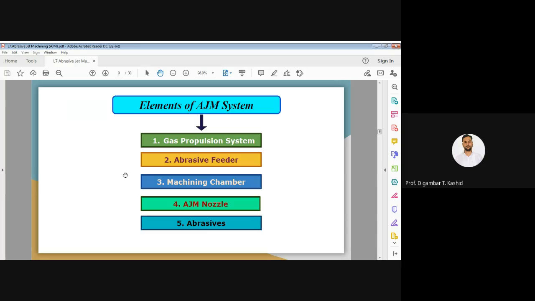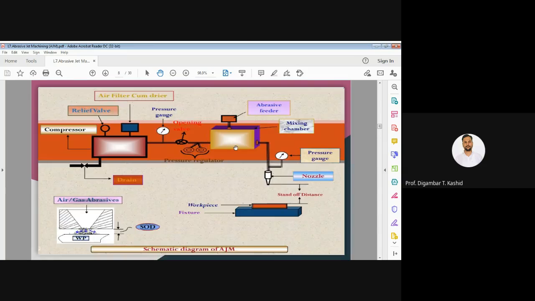Now I was talking about the second element, that is the abrasive feeder. With the help of this abrasive feeder, here you can see the diagram, we have the abrasive feeder with a vibratory mechanism. Using this abrasive feeder you can control the quantity of abrasive with the help of vibration.